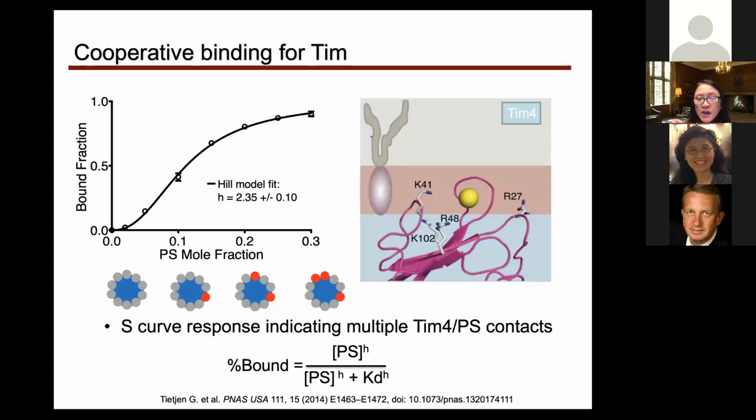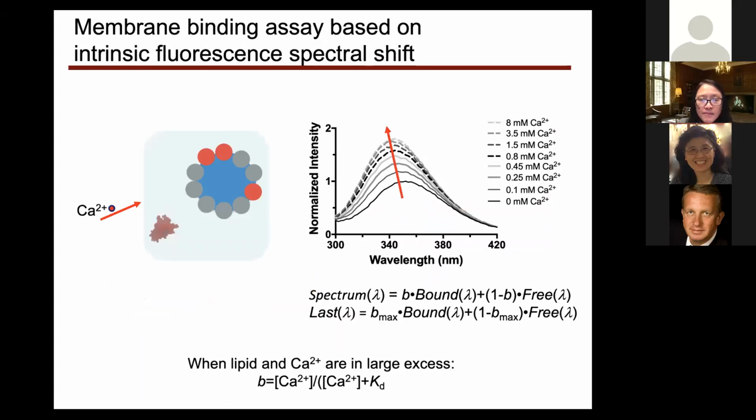With the techniques we use, we were able to combine X-ray and molecular dynamics simulation, along with tryptophan fluorescence spectroscopy, to get at the modality of the interaction with the membrane, shown in this picture.